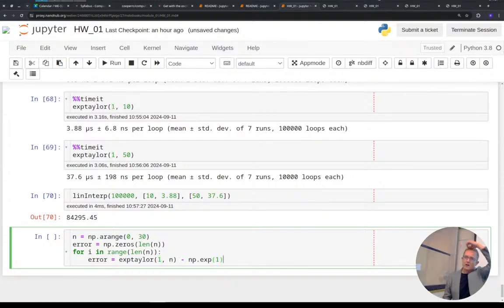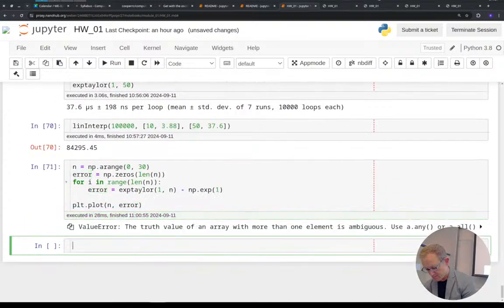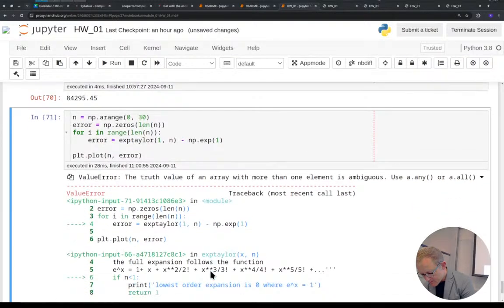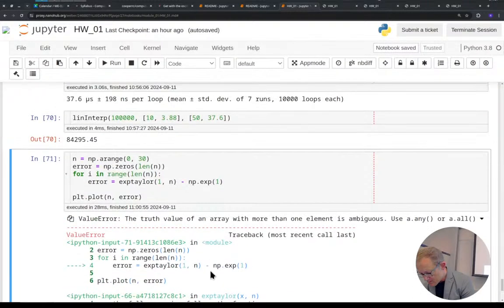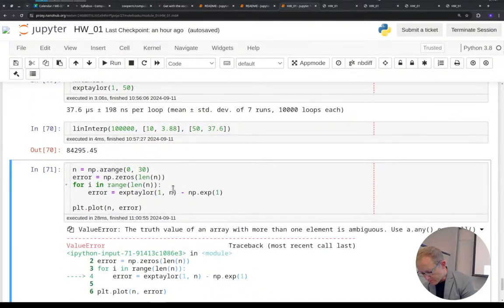And I'll compare NumPy's EXP versus my own EXP Taylor, where I'm artificially truncating that series. Where am I doing that? Oh, whoops, that's why. N bracket I, there we go.